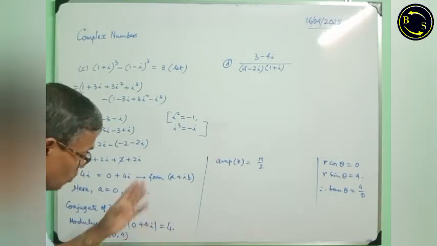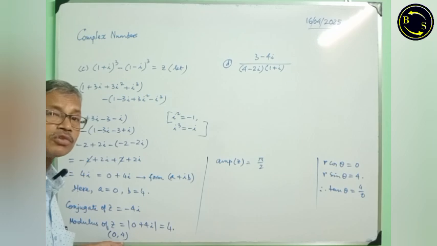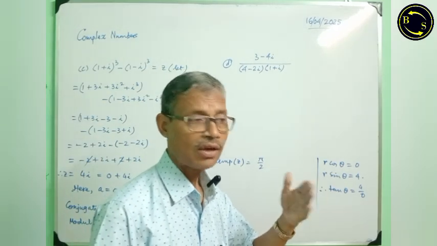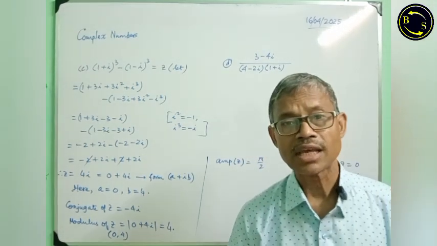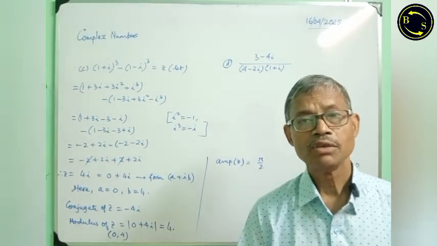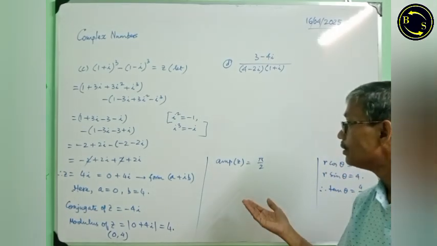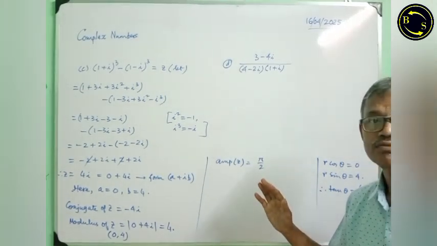Learner students, you note that 0, 4 is lying on the positive part of y-axis, that is above x-axis. And already I have discussed that if the point lies above the x-axis, you have to express the amplitude or argument in the positive angle form. Here, therefore, the amplitude will be pi by 2.